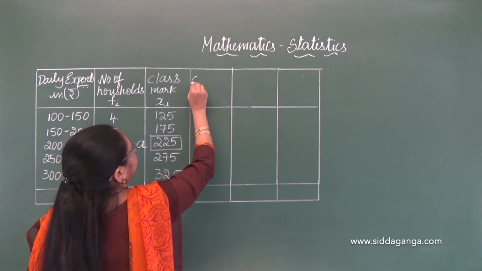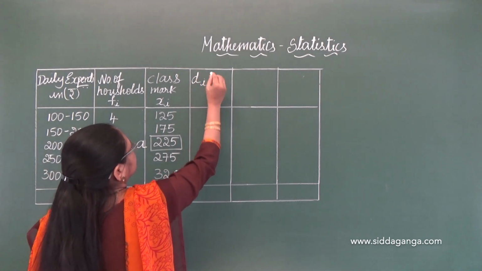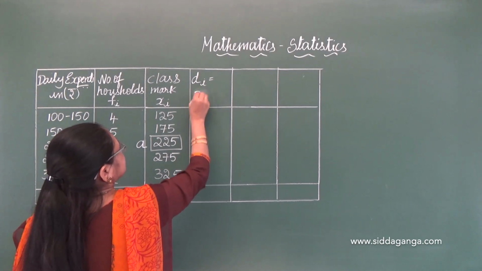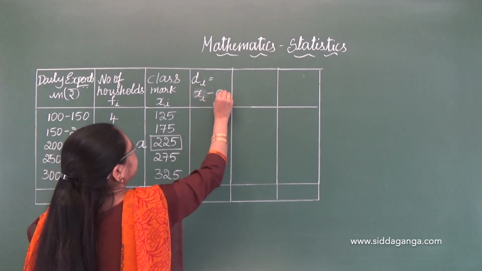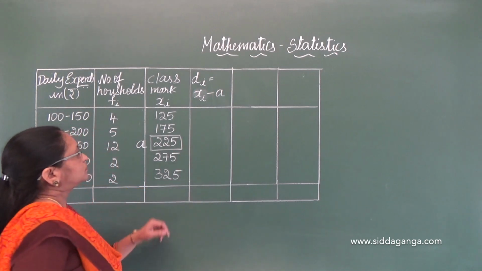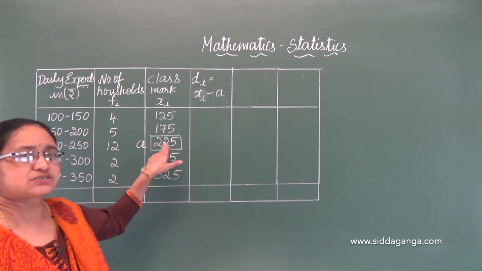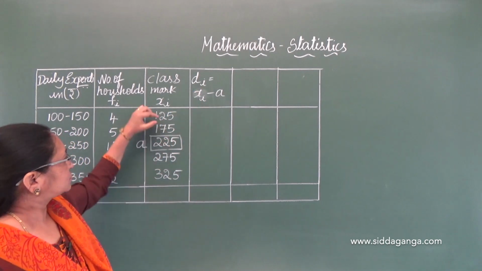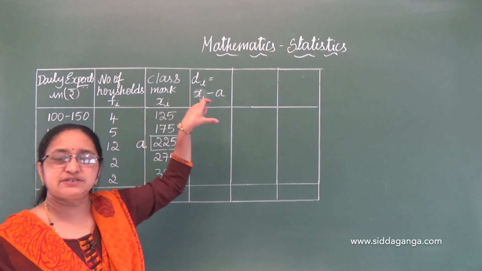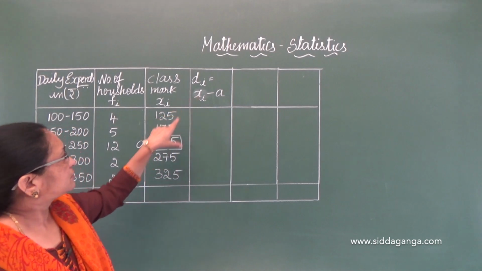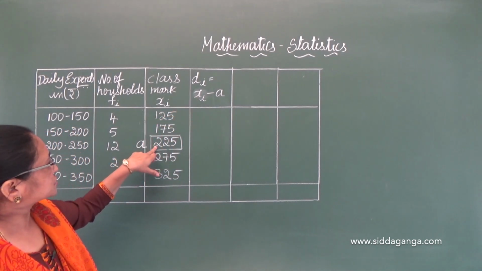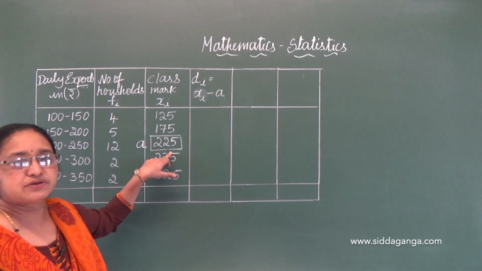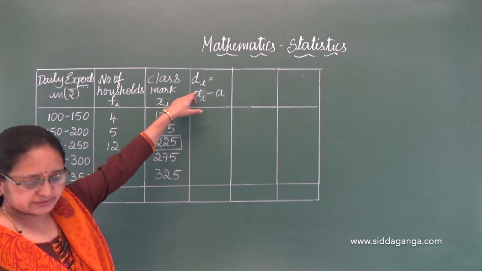Now Di is equal to Xi minus A. So we are going to find out the deviation from the assumed mean. This is the assumed mean for us, so we are going to find out what the deviation is.